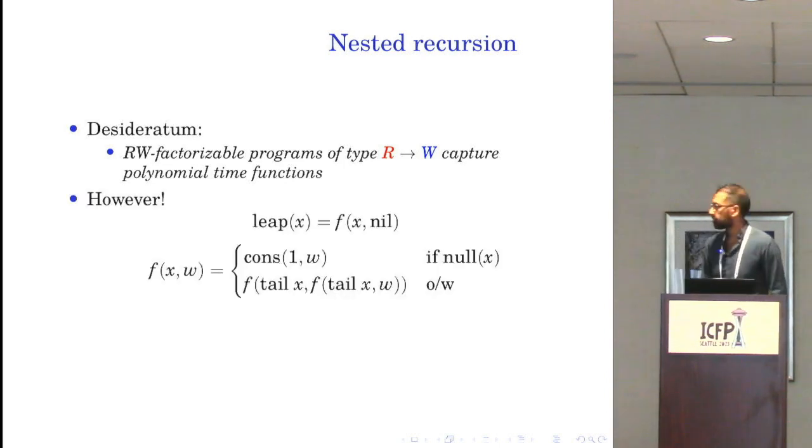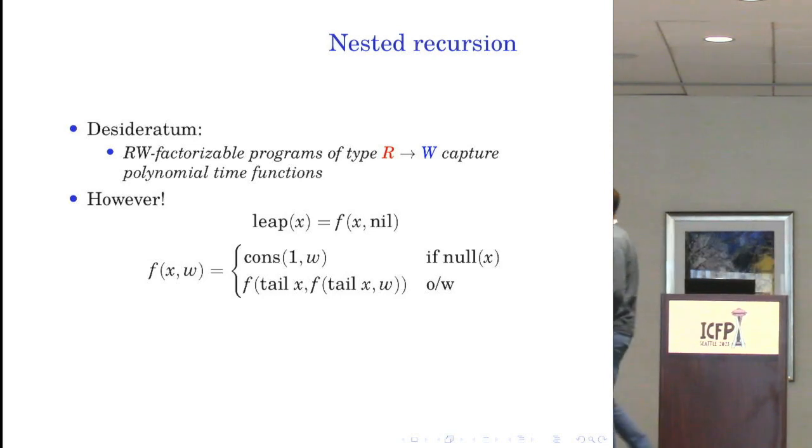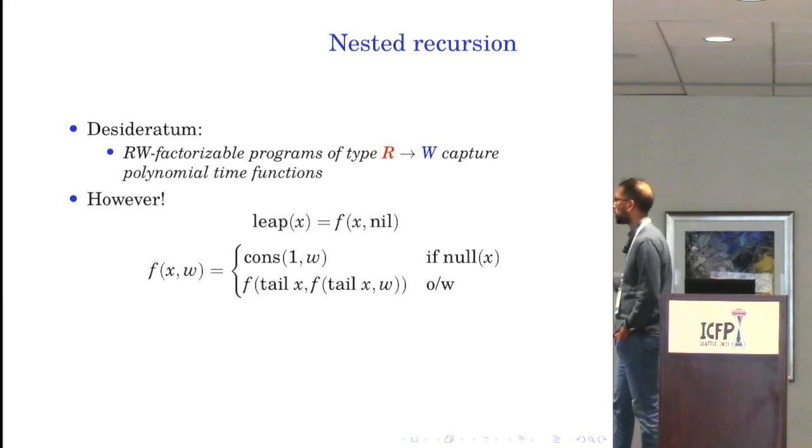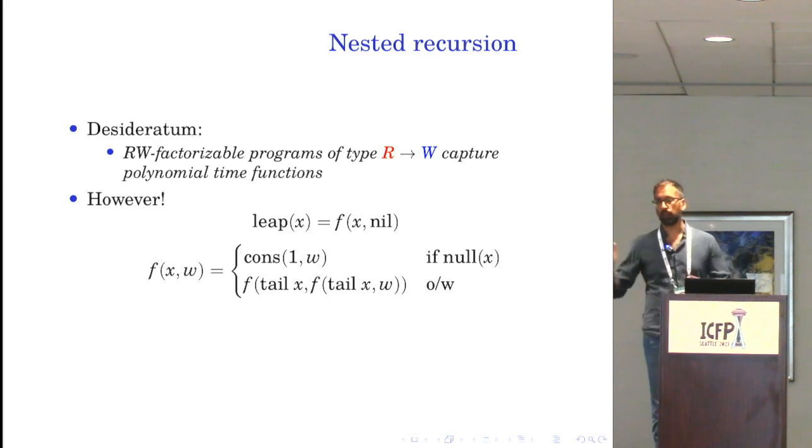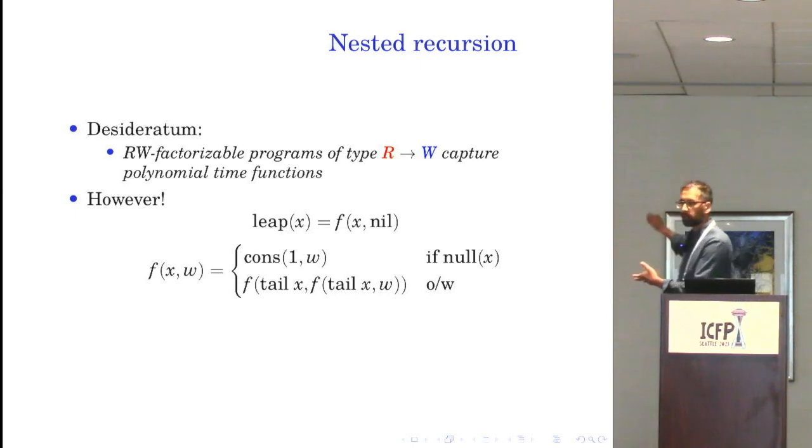So here's an interesting program, which I call LEAP. It's hard to describe exactly what it does intuitively, because there's a nested recursion going on here. The second line is f of tail of x, comma, f of tail of x, comma, w. I would love to have a board and work some small examples out.